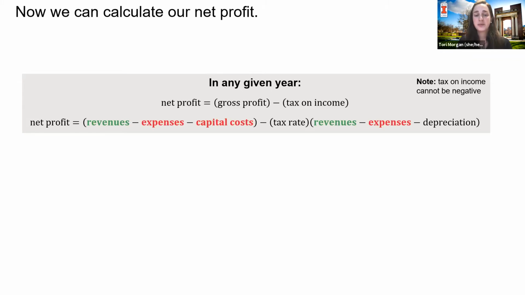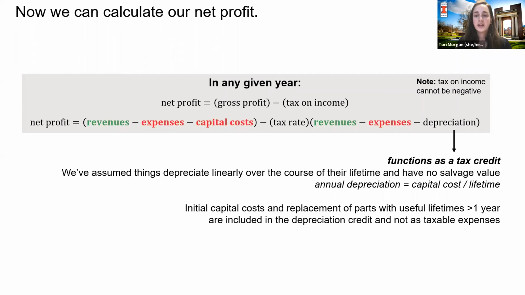And that's subtracted by the tax rate times revenue minus expenses minus depreciation. Tax on income cannot be negative. And depreciation functions as a tax credit. So we assume things depreciate linearly over the course of their lifetime and have no salvage value. Annual depreciation equals the capital cost over the lifetime.